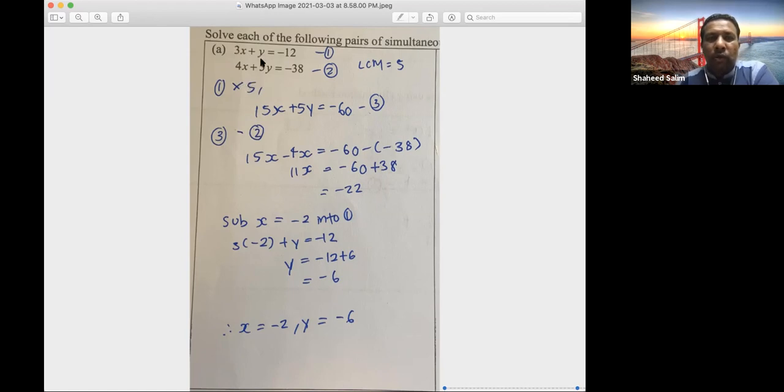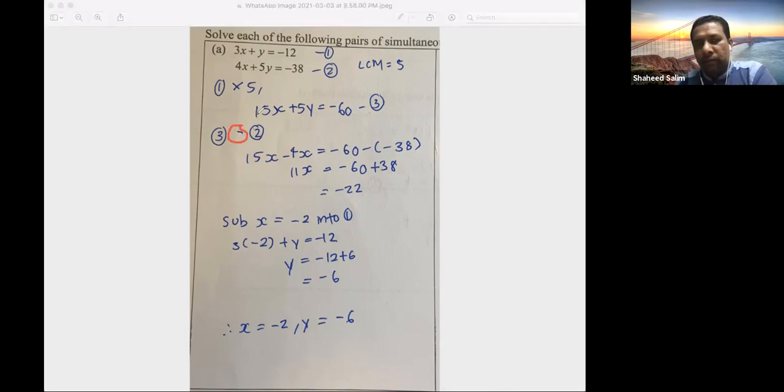Elimination method means one will minus the other, right? This here means you're going to minus. Minusing something means they're using the elimination method.